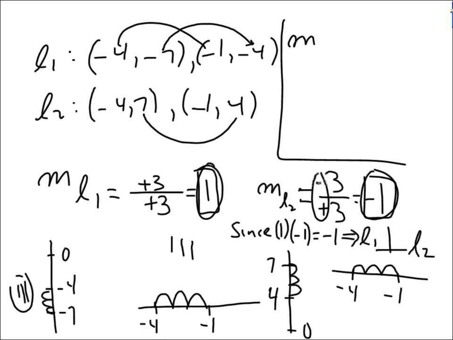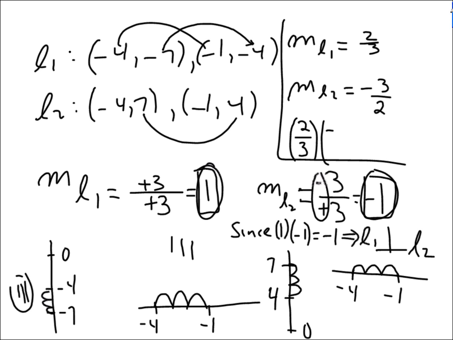Given 2 points, you computed the slope of line 1 was 2/3 and the slope of line 2 was negative 3/2. Well, if you multiply these, 2/3 times negative 3/2, the first number is positive, the second number is negative. A positive times a negative is a negative.